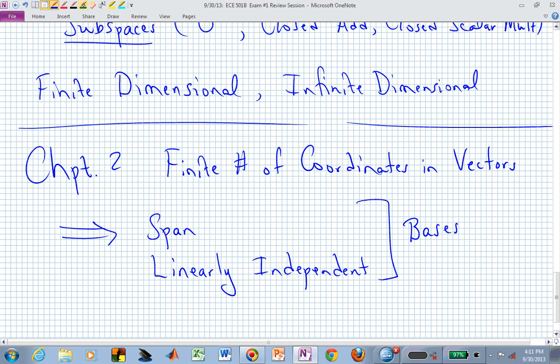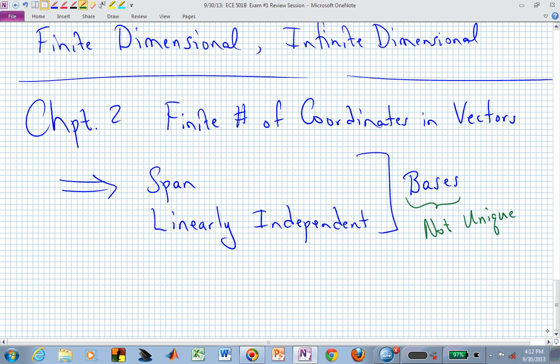And I've said this is now plural because a set of basis for a given space is not necessarily unique. We can also count the number of linearly independent vectors to obtain a size or a dimension of that vector space.